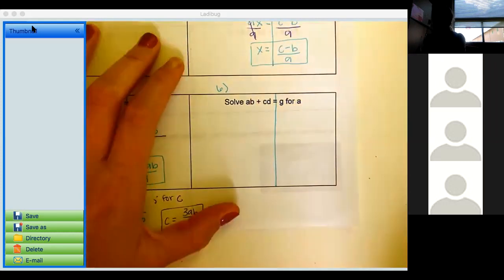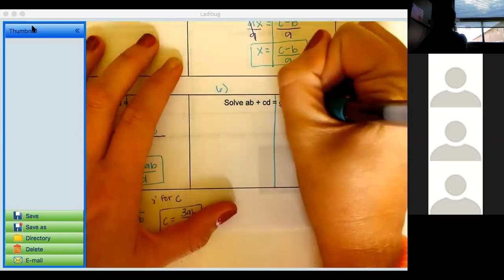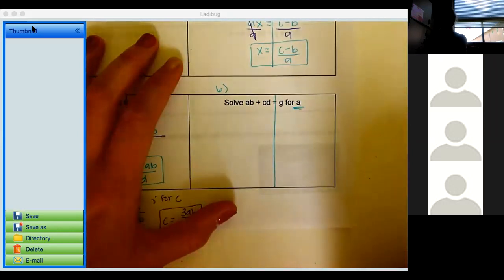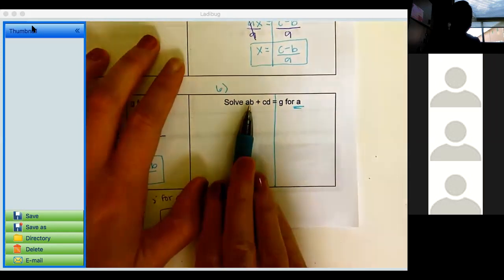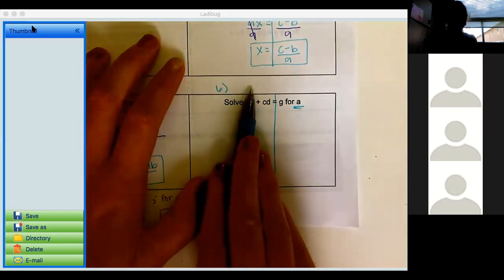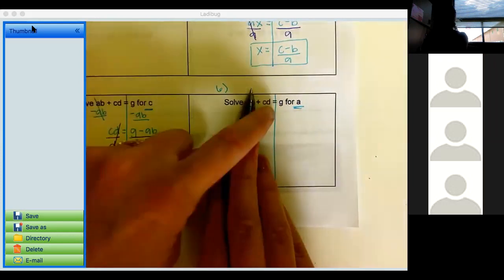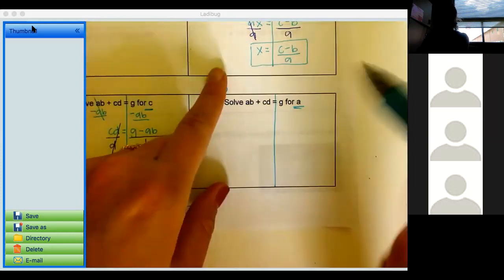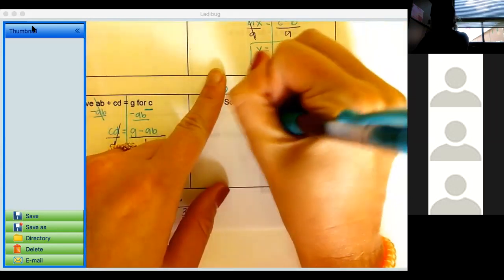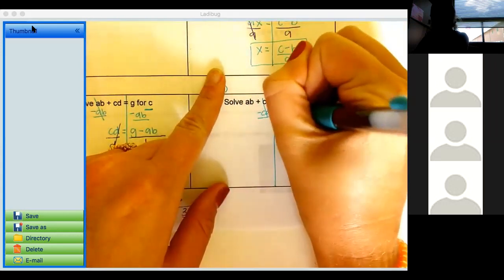So for 6, they want us to solve for A, right? So I think all my people in class have gotten it right. So we need to cover A, and the B is touching the A right now. So cover that, which means we need to move CD. So did you guys subtract CD to the other side? Yes. CD, perfect.